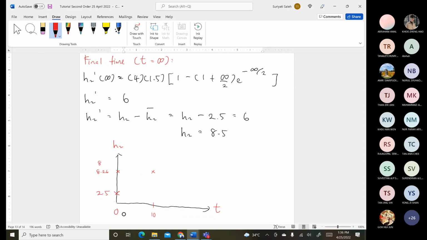Then 8.5, so this is time equal to infinity. So if we sketch it, the process has reached the steady state and then maintains like that. And the maximum height that can be obtained should be 8.5. So it is impossible to get more than 8.5 for this case.